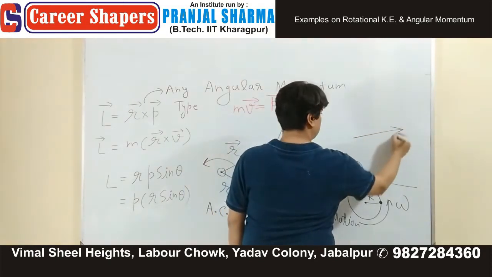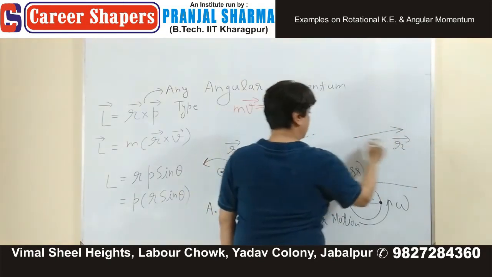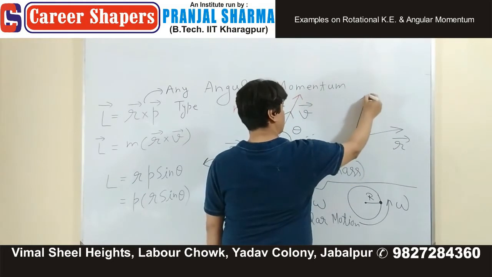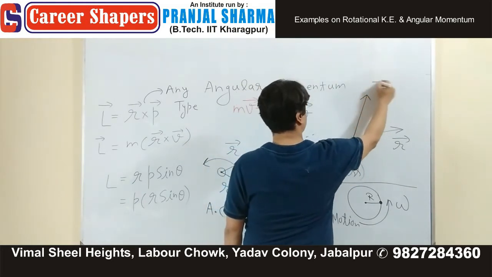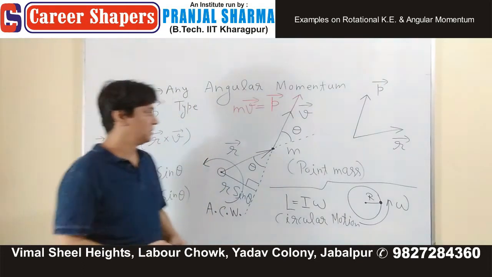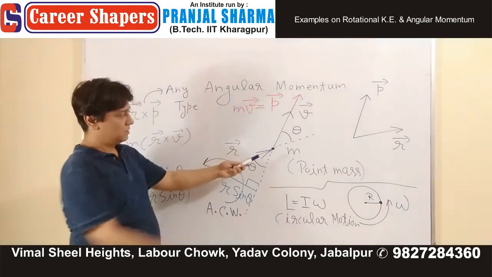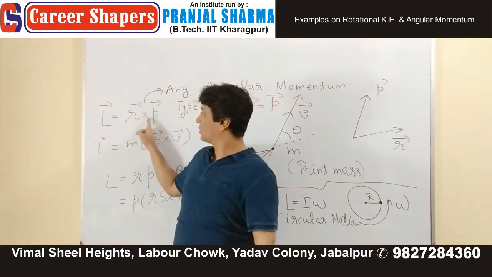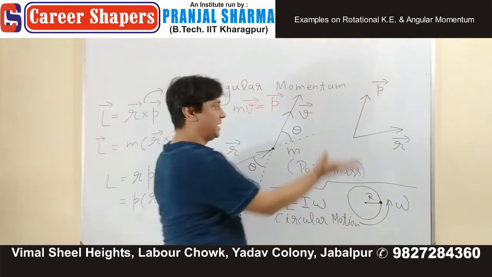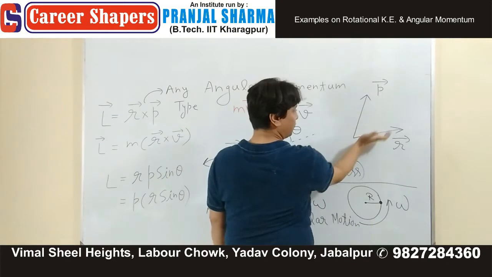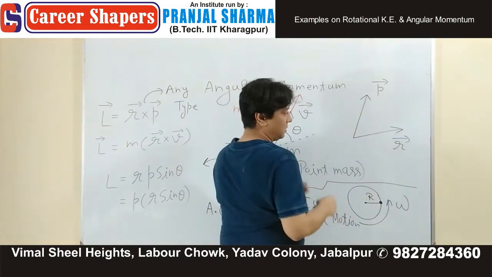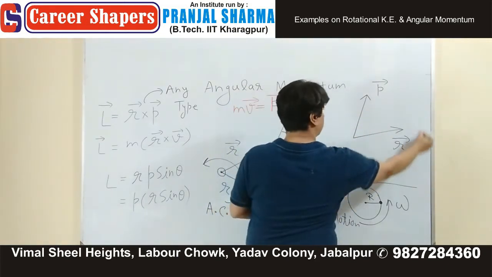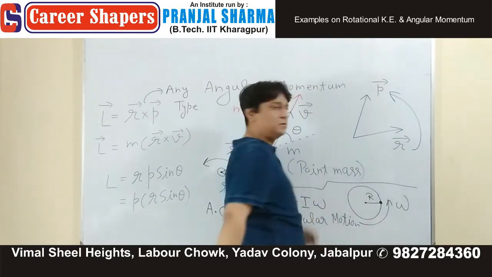So this is R and this is P. R, P. And then R cross P means take your right hand, curl your right hand fingers from R to P. This is the curling.